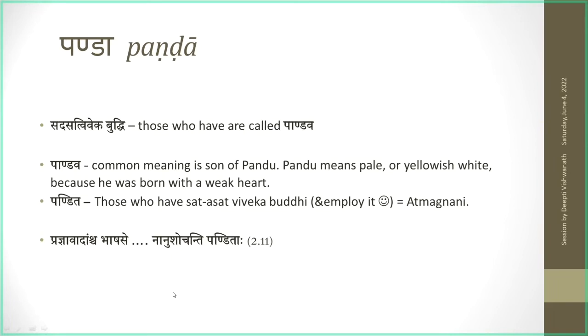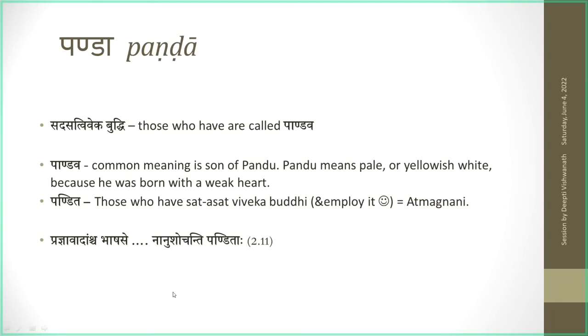Krishna tells Arjuna, you're talking as if you're a very wise person, with a lot of wisdom in you. Gatasun agatasumsha, forget about that also. Na anushochanti panditaha. Those who are truly wise people, they do not grieve.